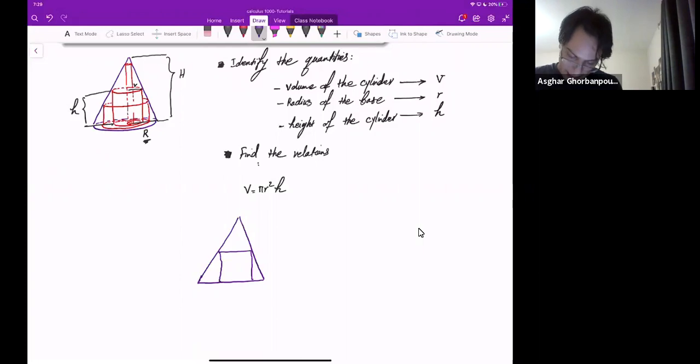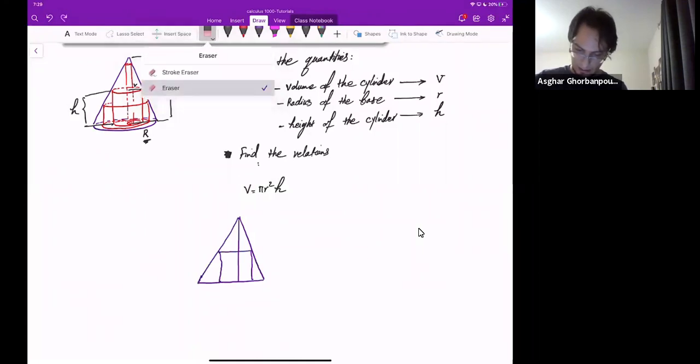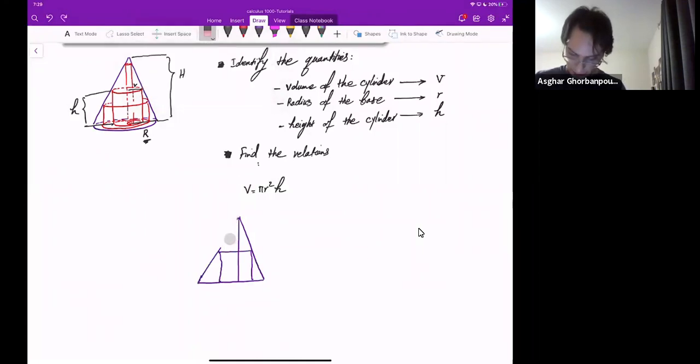If I make this one half, in other words, if I draw the height, the line that goes from the top vertex of that triangle to the base, okay?